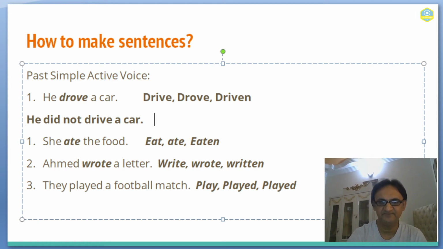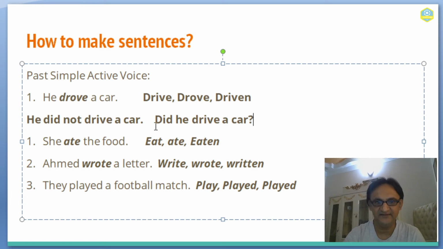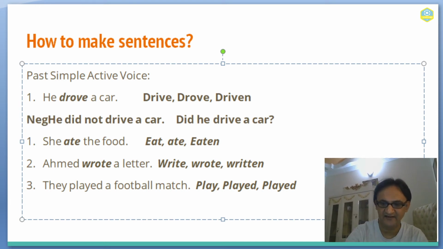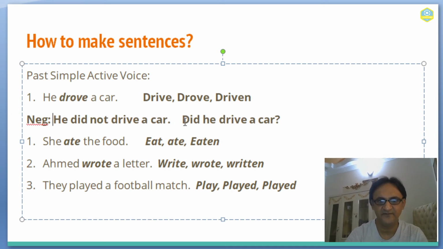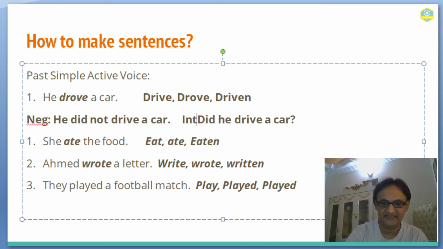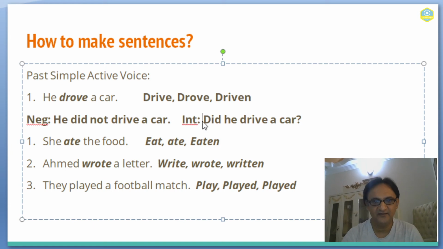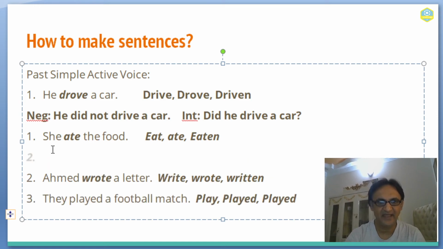If I want to make the interrogative of this: did he drive a car? I'll put the question mark here. So for negative I'm going to use neg, and for interrogative I'm using int, so you can understand. Similarly, we'll go for ate.